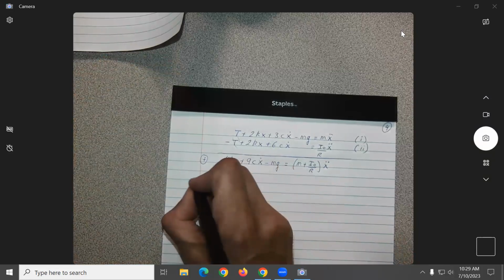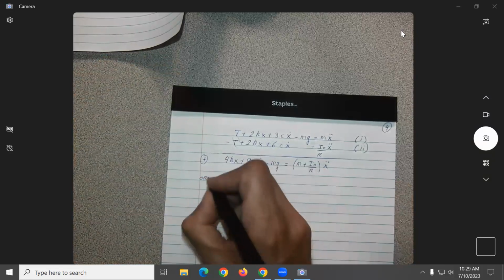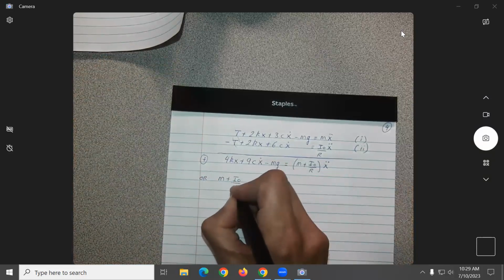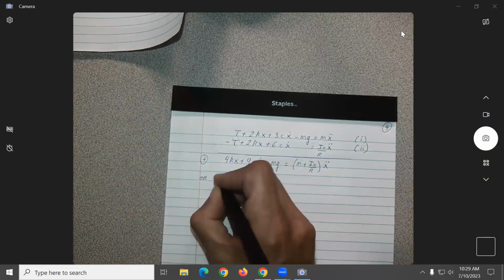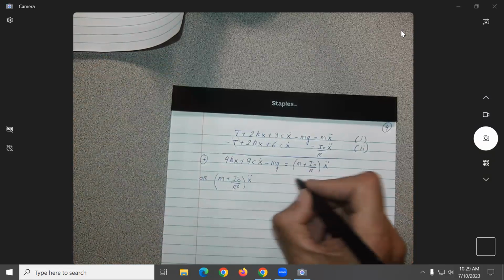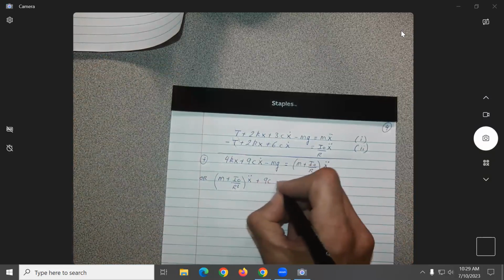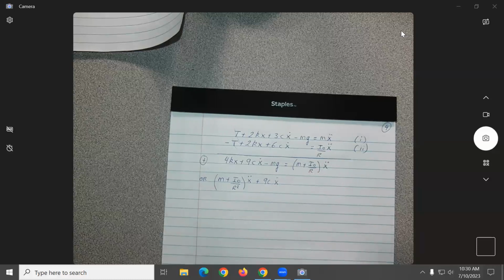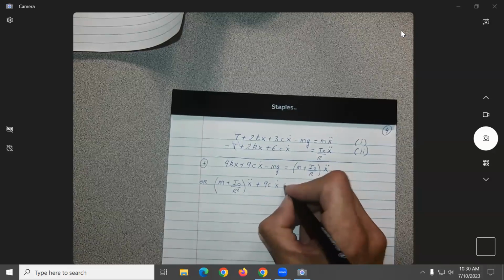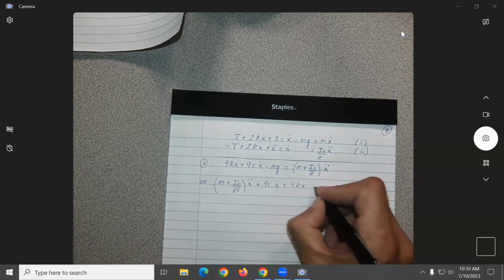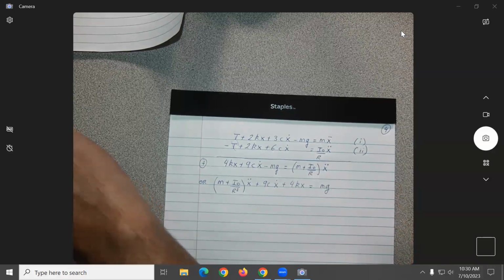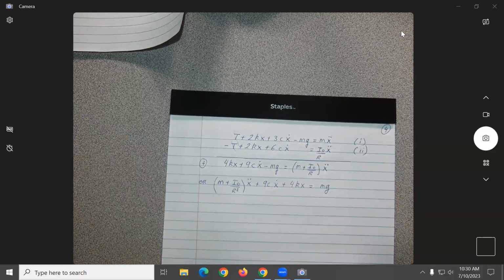Or really, if you wanted to write it in the general form, this would be m plus I sub naught over R squared x double dot plus 9c x dot plus 4kx equal to mg.